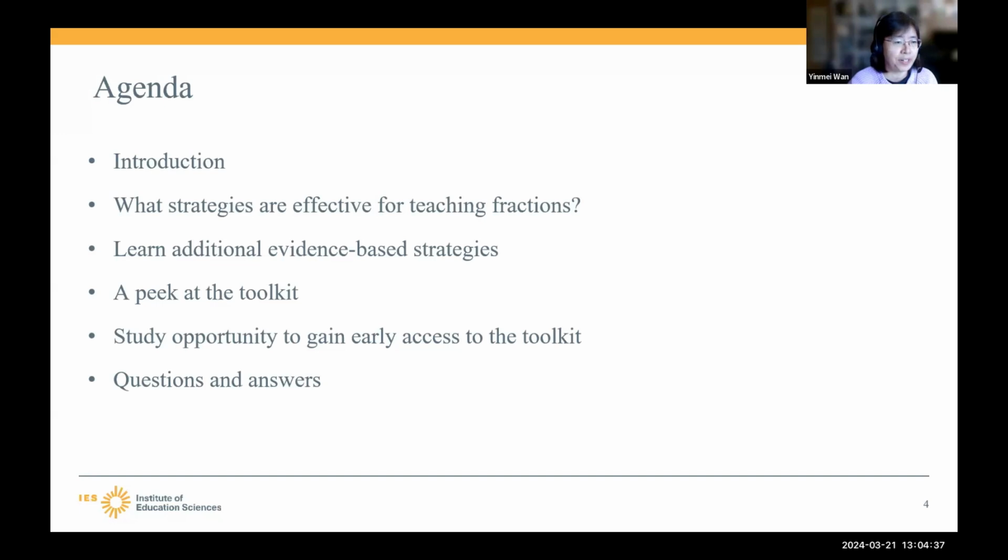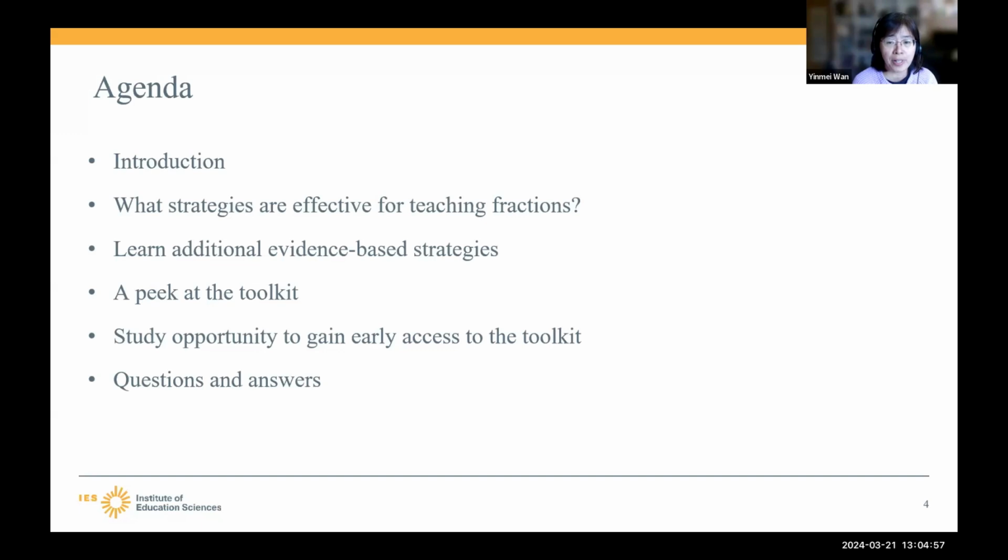So here's the brief agenda for today. I will start with a brief introduction of who we are and why we are here today. Melinda then will take over to highlight some effective strategies for teaching fractions on which the Teaching Fractions Toolkit is built.